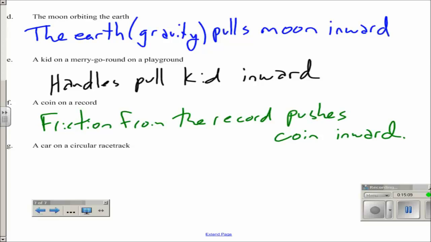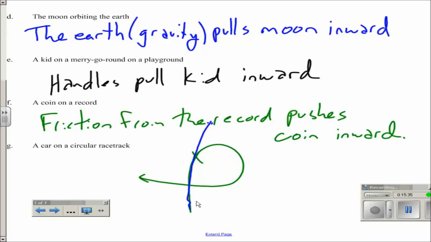Okay, and the car on the circular racetrack is the same thing. Imagine getting onto 696. There's that ramp, and it goes around like this, right? If you hit an ice patch right here, you're not going to go in a circle, right? You're going to drive along, and when you hit the ice patch, you're going to go straight, not in a circular path, right? So they bank the curve to give you a little bit of inward push, and there's friction, right?